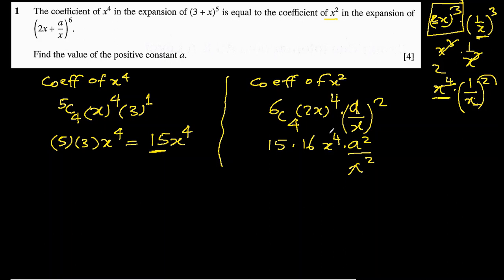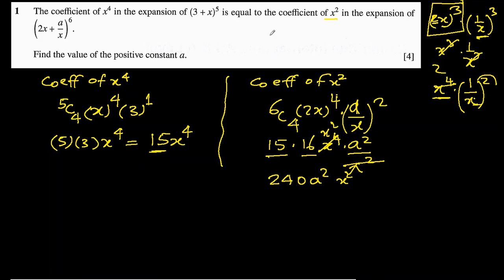This is the expansion, and now as expected we will cancel this one. It will become x square here. So what do we get here? 15 times 16 will be 240 a square x square.